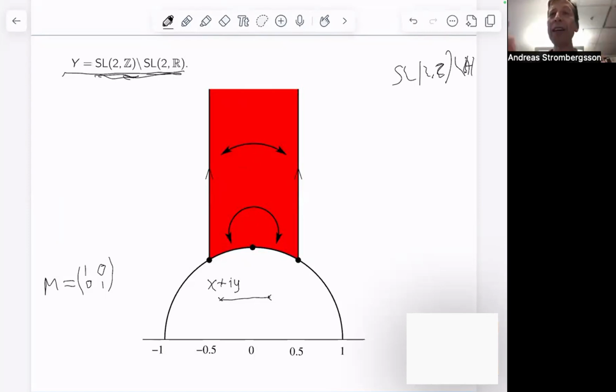And now another way to view Y is that it's the unit tangent bundle of this hyperbolic surface.